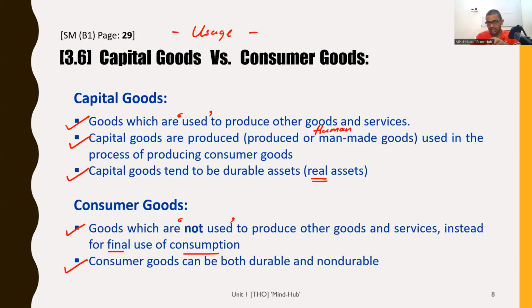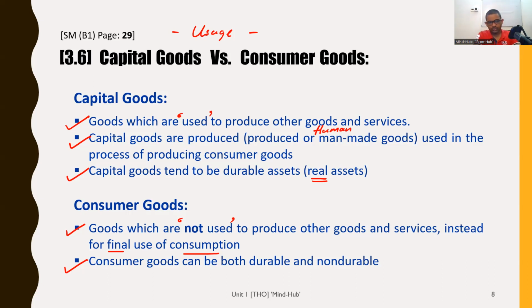Non-durable consumer goods are ideally things like food items, medicine, certain personal care things we use, from soap to toothpaste. Sometimes we refer to clothes also as non-durable. There's an argument on that. That's a different story. So all of these are non-durable, where the usage comes to an end once we use it. But durable, we can use them again and again. I think you guys are clear.